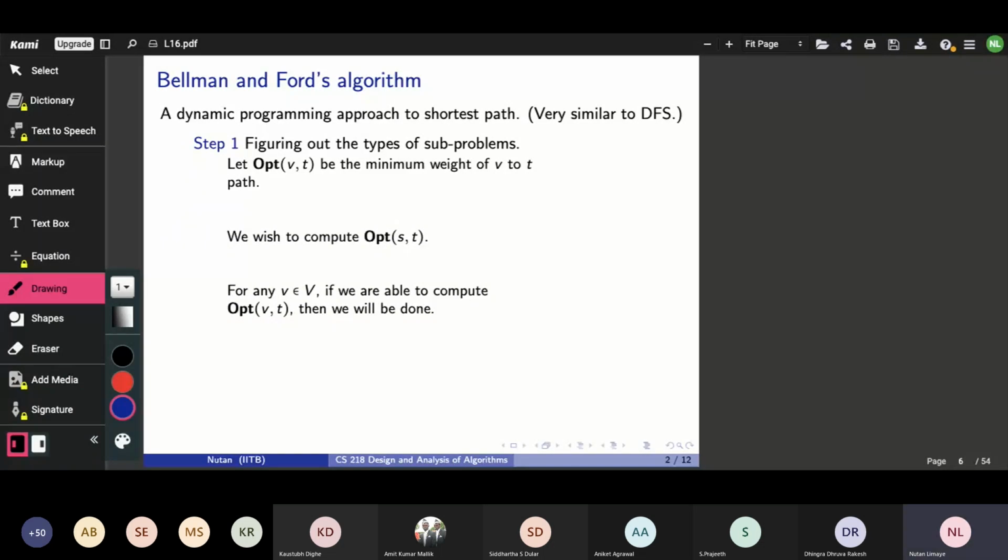We could have also defined another type of subproblem here, namely opt of S comma V, where I store the minimum weight path from S to V, and then eventually I hope to compute opt of S comma T. I have not done that here, but that is a possibility. But we will stick to the definition on the slides, which is opt of V comma T.